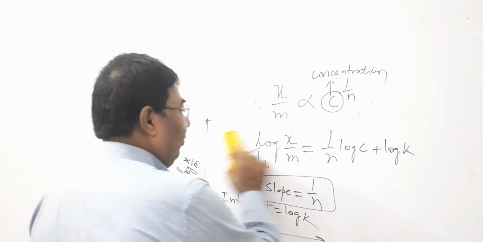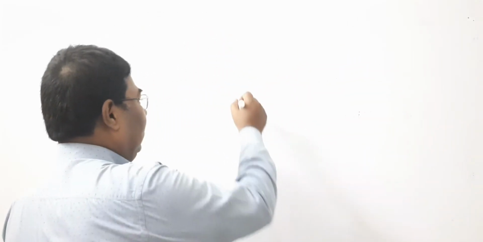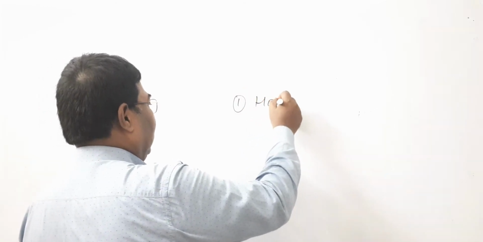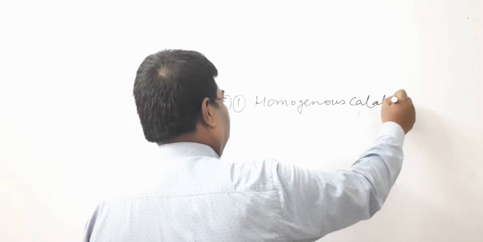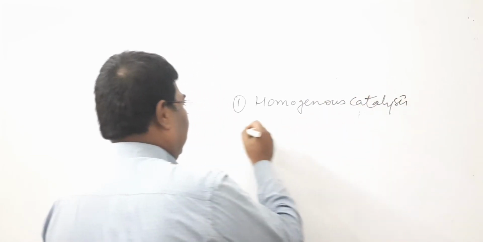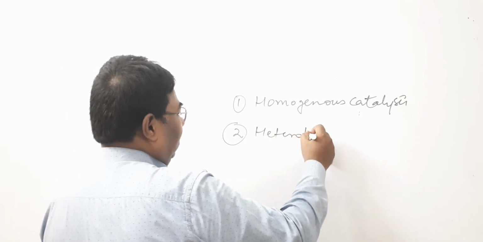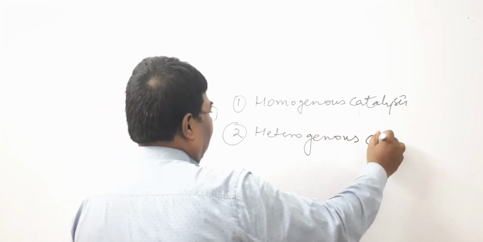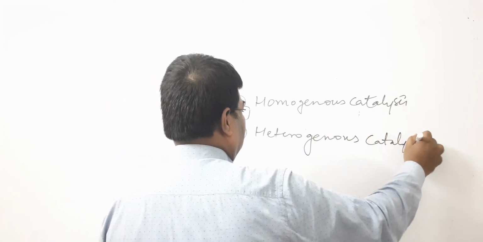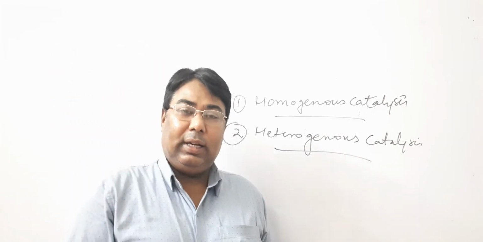There are two kinds of catalysis. Number one is homogeneous catalysis. Number two is heterogeneous catalysis. What is catalysis?